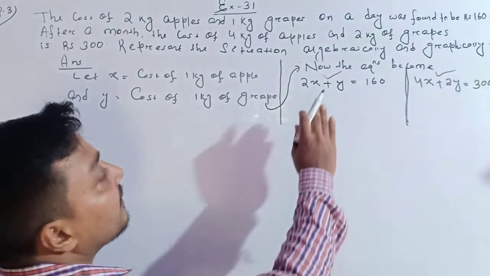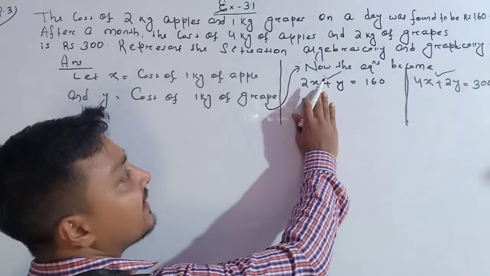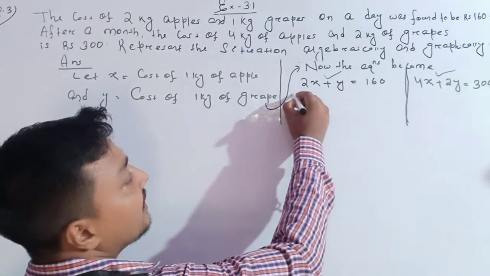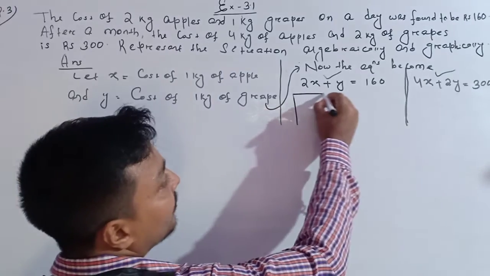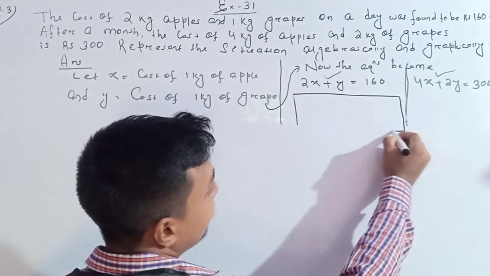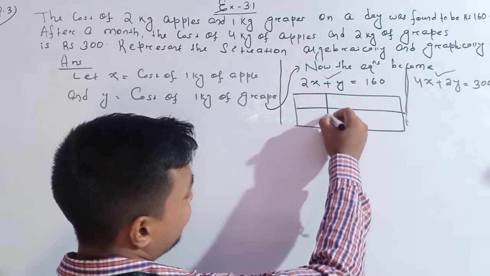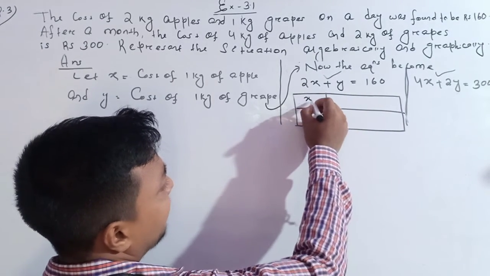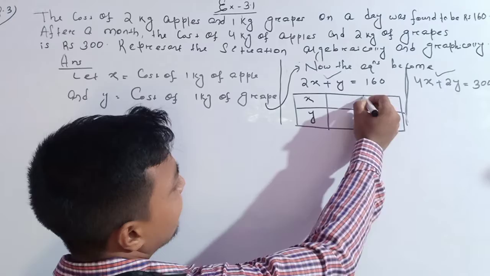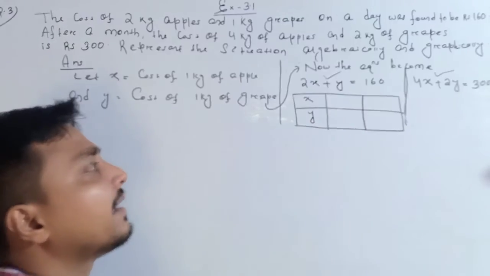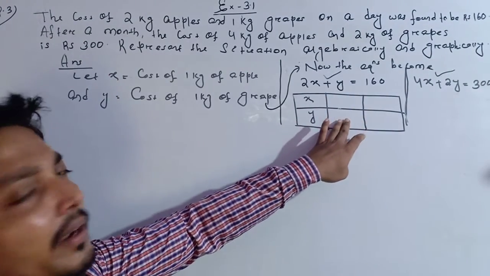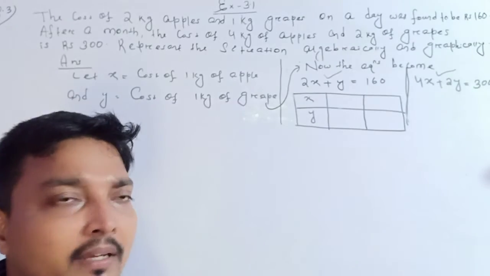To show the graphical representation of this linear equation, 2 points will be required, otherwise we can call them 2 solutions. We can find them by making a table: we put one value of x, then find the value of y.